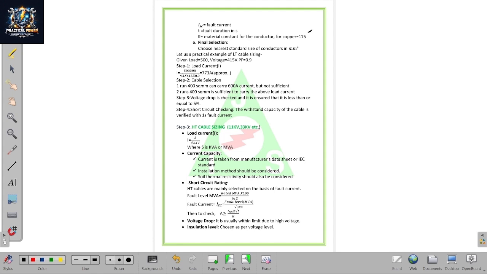The withstand capacity of the cable is to be verified against the fault current for 1 second. So these are the basic steps to select the LT cable.